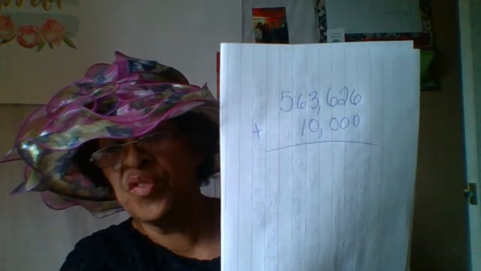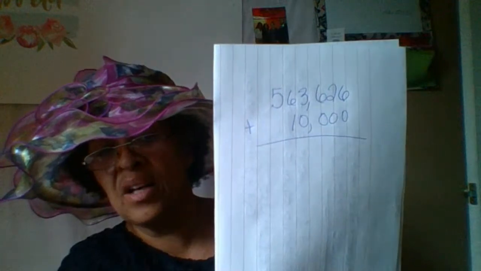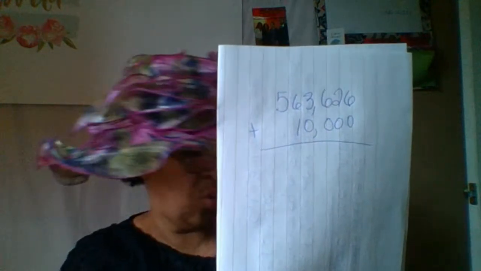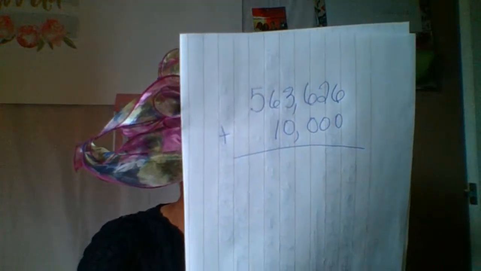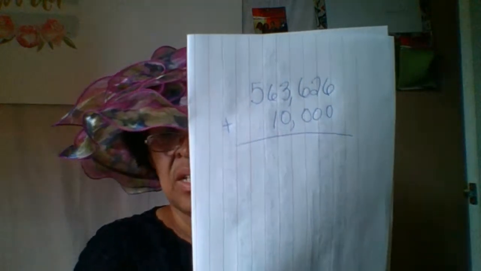And they want you to write down 10,000. What is 10,000 more? So we're going to add the plus sign and make sure your numbers are lined up. And then you have to figure out this answer. So what is 563,626 plus 10,000? And that'll be your answer.